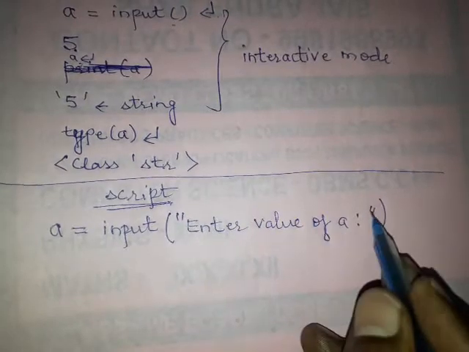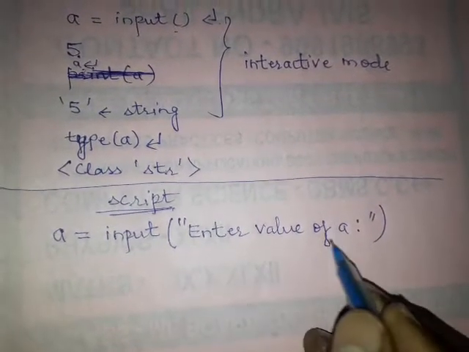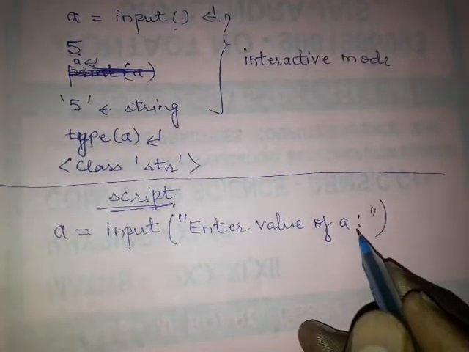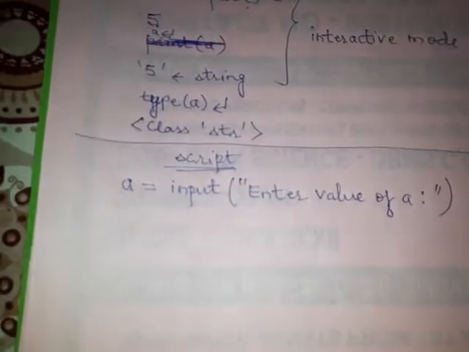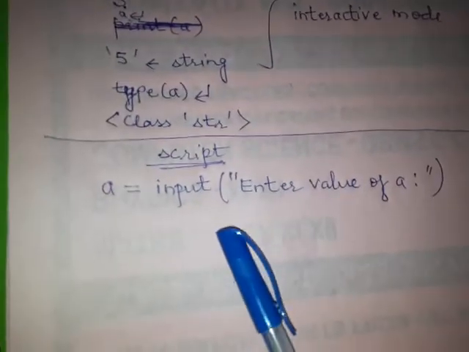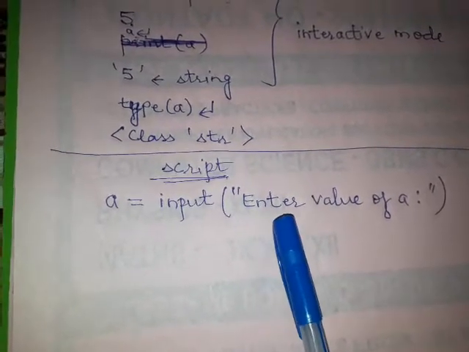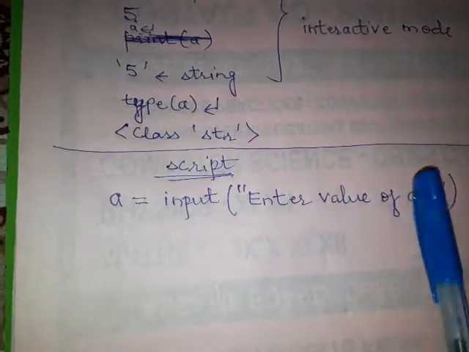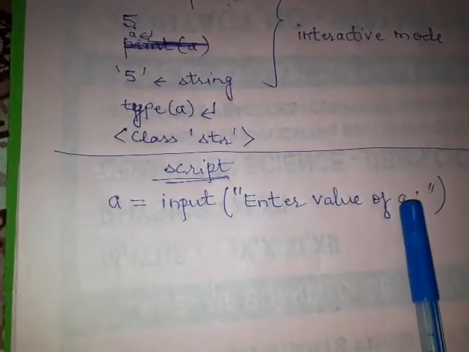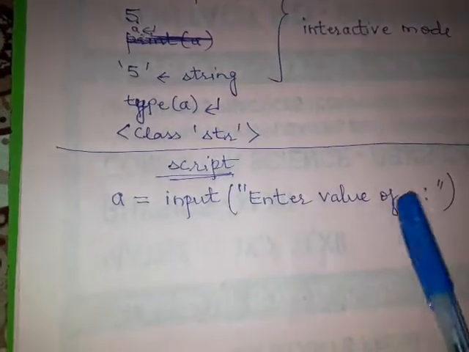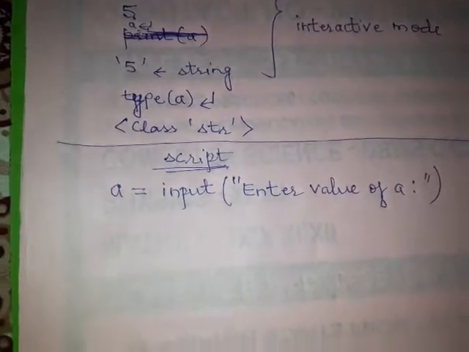Whatever is written between the double quotes will be displayed on the output window. It will give message to the user to please enter the value of a, and when you type any value, it will be assigned to variable a. This is the facility given in the input method.